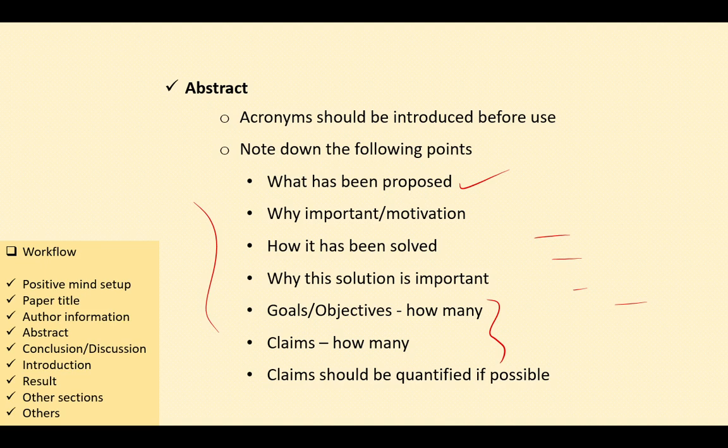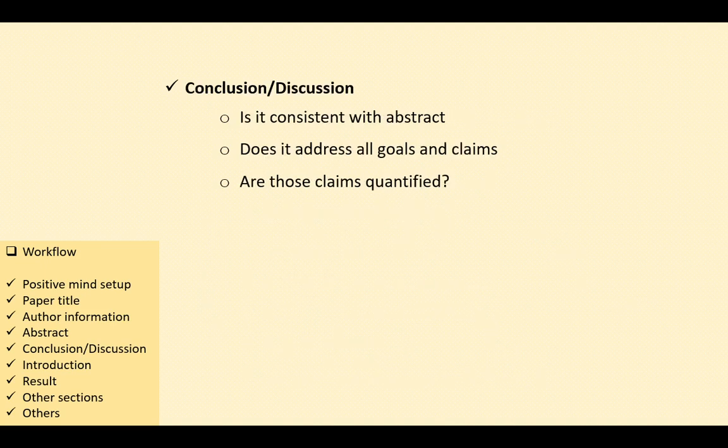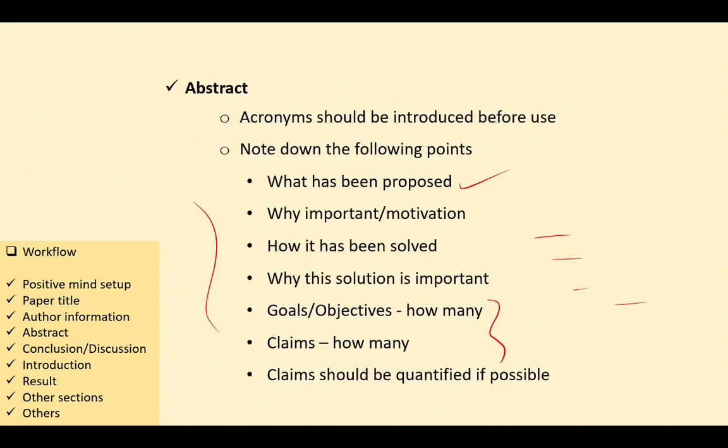And after the abstract, jump to the conclusion. Well, before jumping to the conclusion, there is another thing, the keywords, right? I have not listed it here in the workflow, but I check the keywords later, after reading the whole paper.